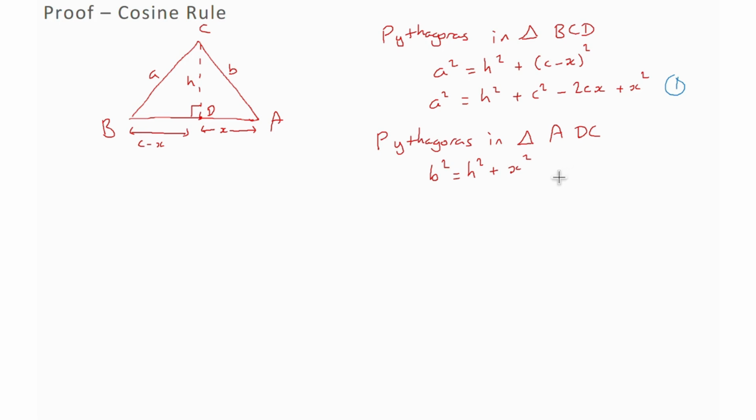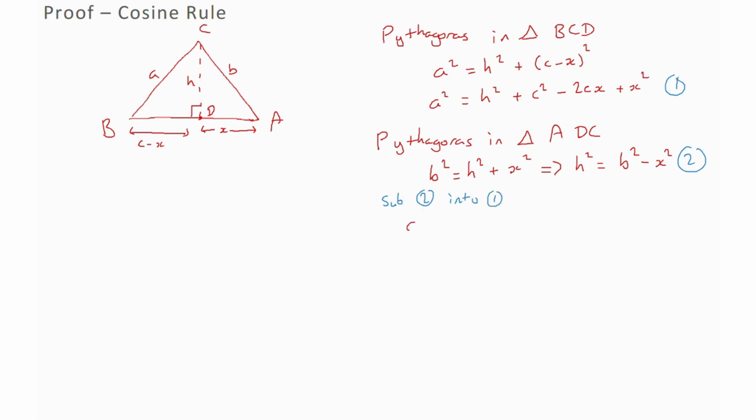And I'm going to rearrange that slightly to give me H squared is equal to B squared minus X squared. And I'm going to call that one equation 2. And now what I'm going to do is substitute number 2 into number 1.